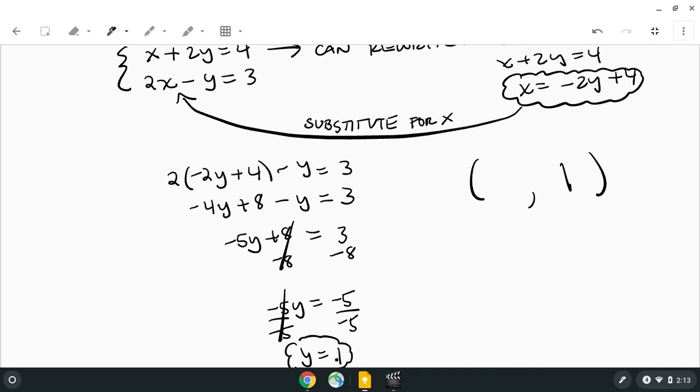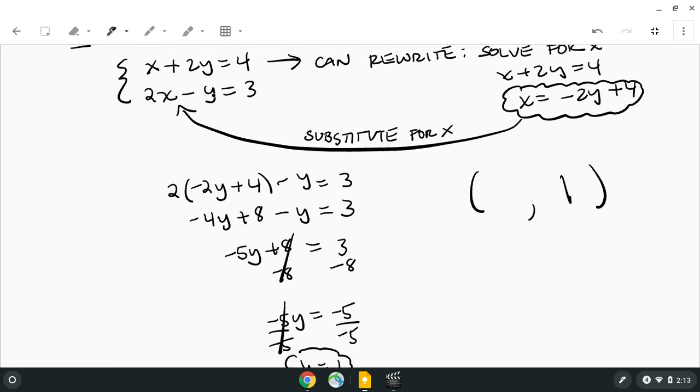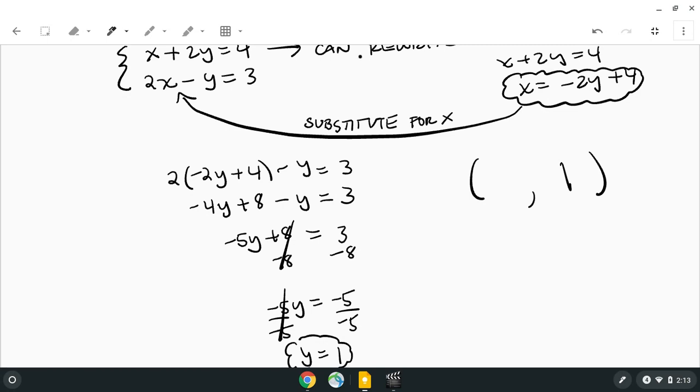But once you have your answer, remember, this is part of a point that works for both of these equations. So it doesn't matter where you plug this 1, you should get the same x value because it should be a point that works for both. Okay, so y equals 1, I'm just going to go ahead and use that first equation.